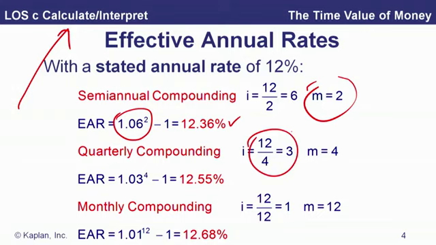And then we compound that for 4 quarters, just the same way we did with the semi-annual compounding, except now we have 4 periods, and we get a little higher effective annual rate, 12.55%. And our last example here with monthly compounding, we're earning 1% a month. We compound that over 12 months, and we see the effective annual rate is 12.68%.